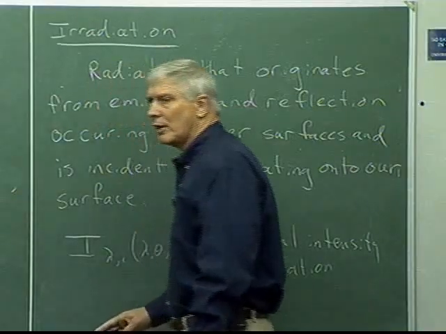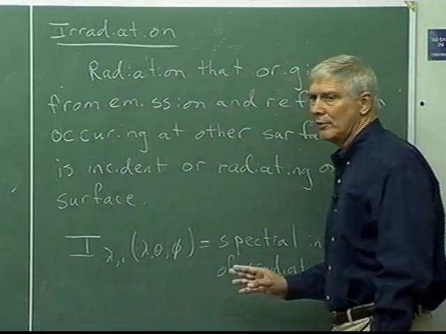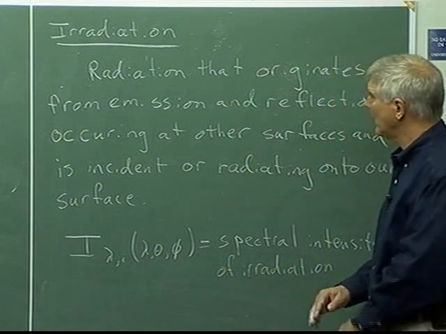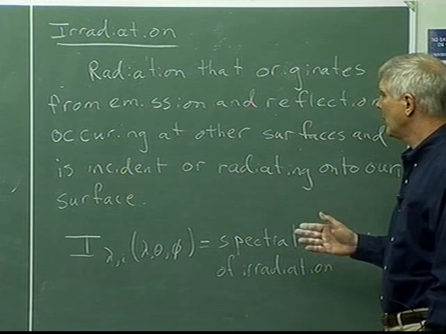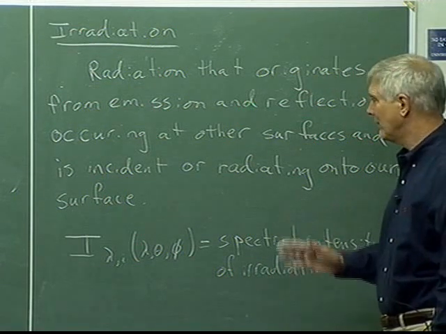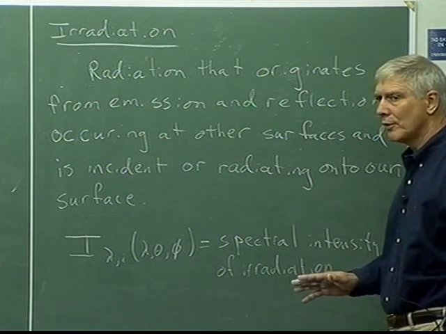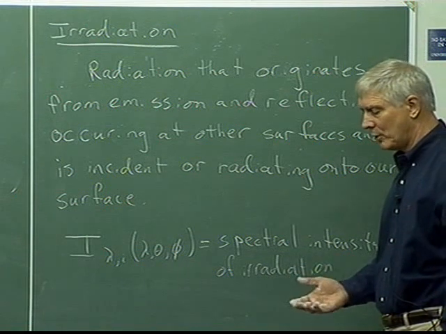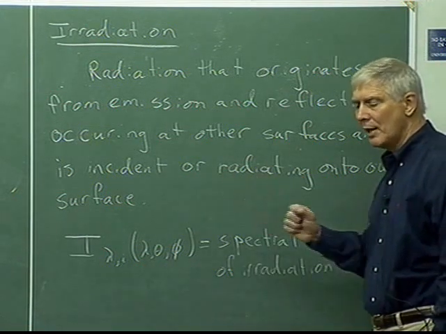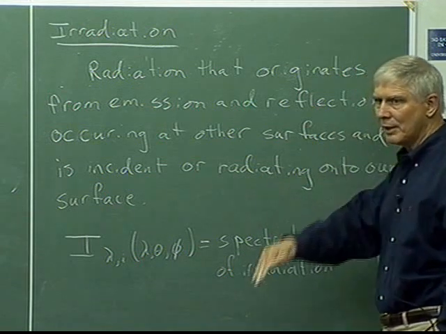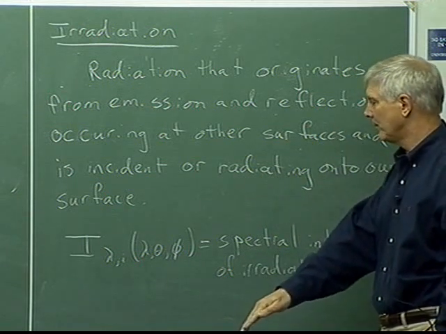The next thing we're going to talk about is irradiation. Irradiation is the radiation that originates from emission and reflection at other surfaces and is incident on our surface. So remember, we started with radiation from our surface that was emitting. Then we have radiation that's coming in that we call the irradiation.